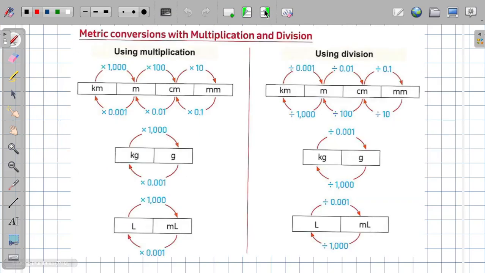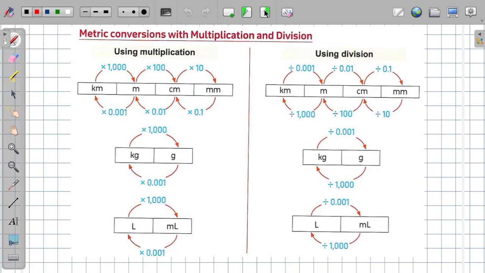Next, we will talk about the metric conversion between multiplication and division. So, if we want to convert between units using multiplication or using division, choose the easiest way for you and you will become very perfect in this topic.